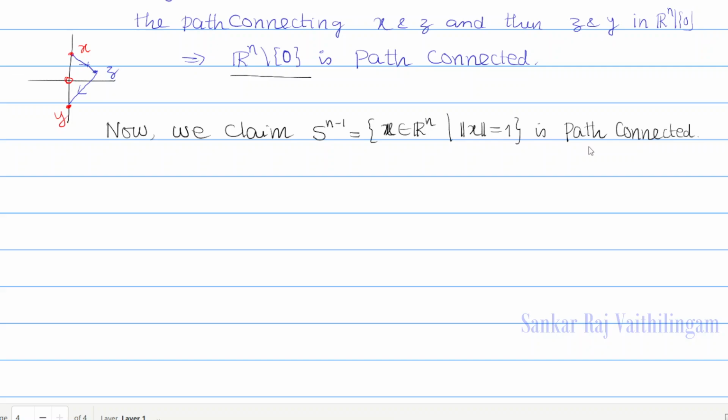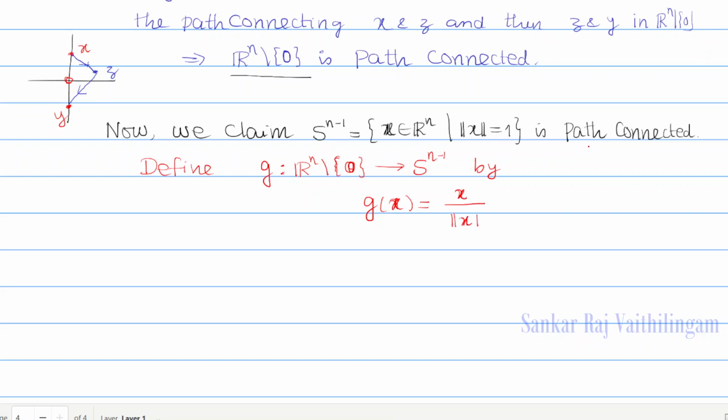How are we going to define it? Define g as a function from Rn set minus singleton 0 to Sn minus 1 by g of any vector x equal to x vector divided by norm of x vector.